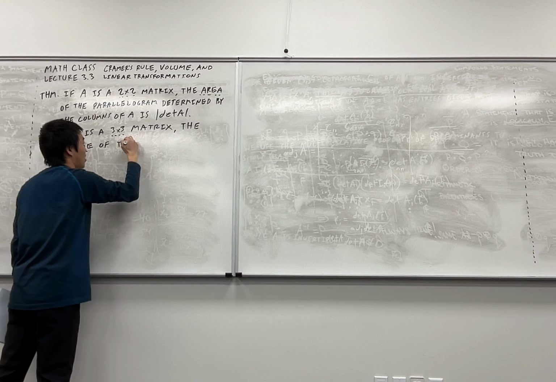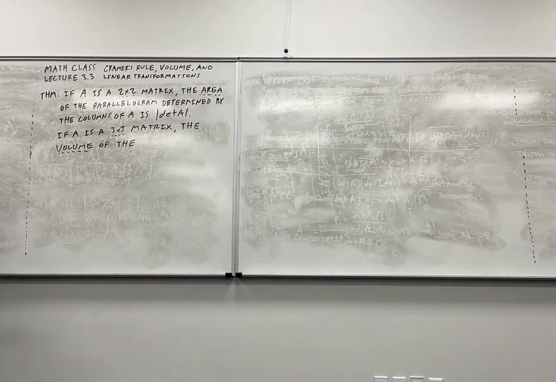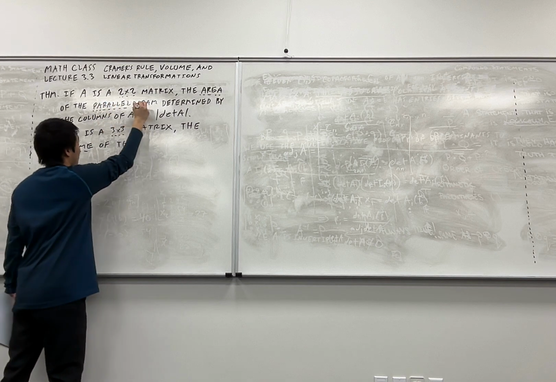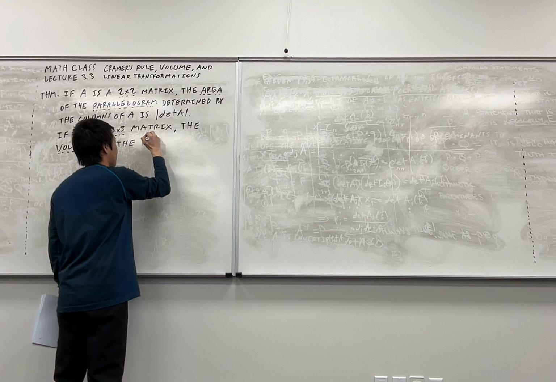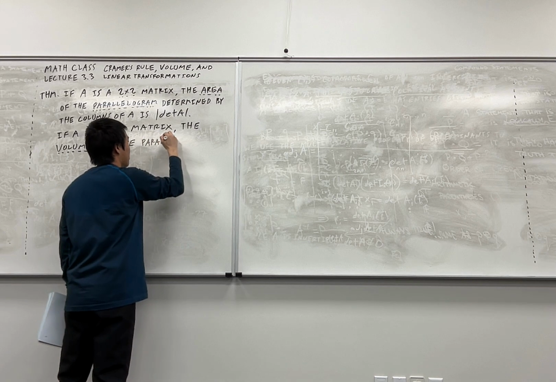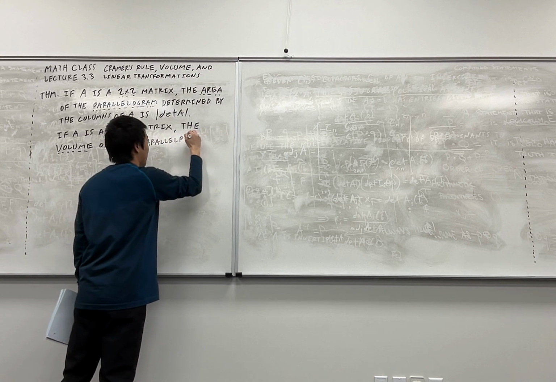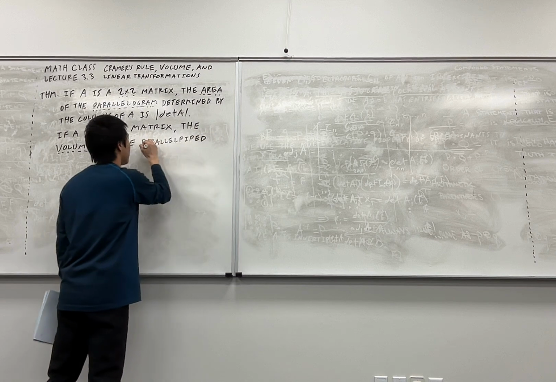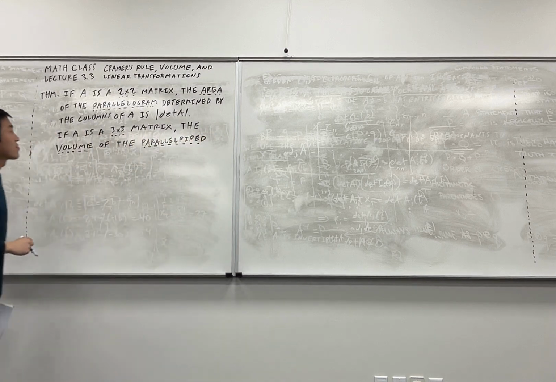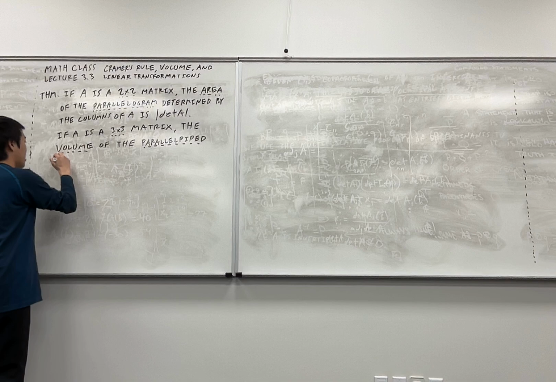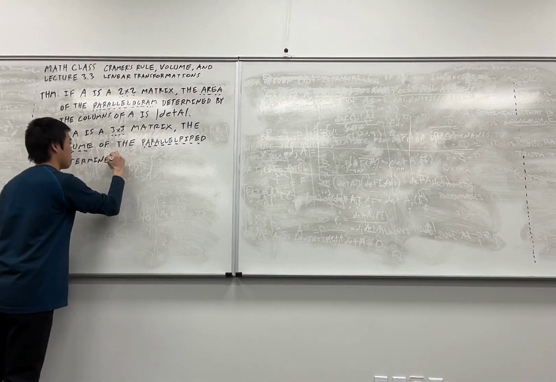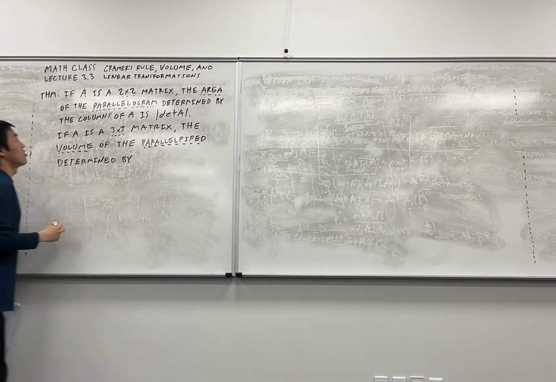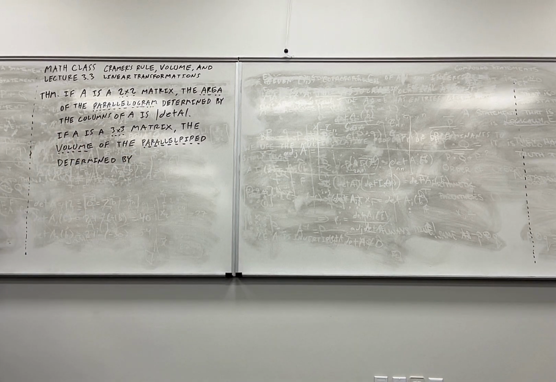Of the, now I don't know the term, you might not know off the top of your head, but you mentally have an idea. Whatever the term is for the 3D analog of a parallelogram, we call it a parallelepiped, determined by what? The columns of A.